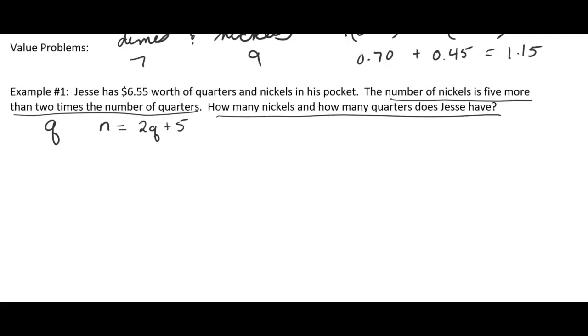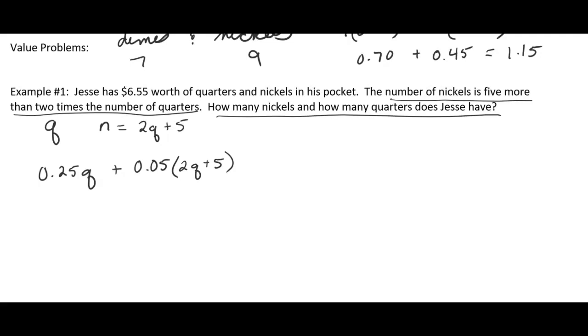Well, each quarter we know is 25 cents. So 0.25 times the quarters, how many he has. And each nickel is going to be worth 5 cents. But instead of putting N for nickels, I'm going to put 2Q plus 5 because that's what I'm representing.